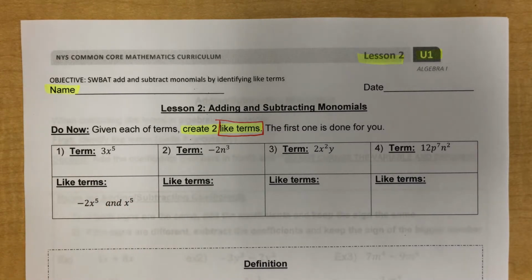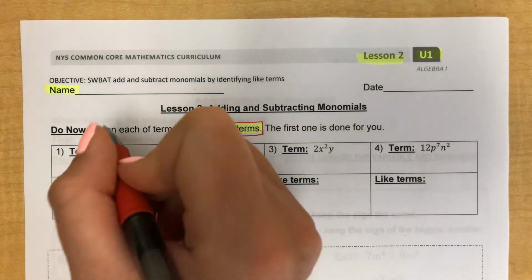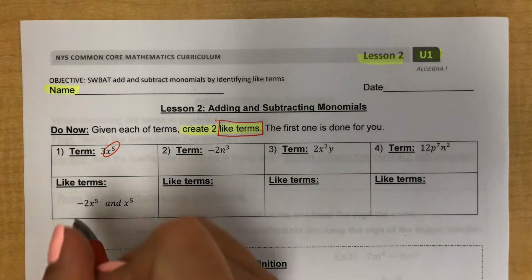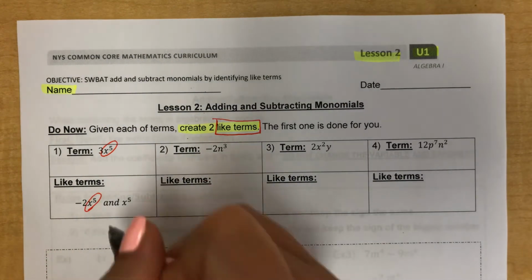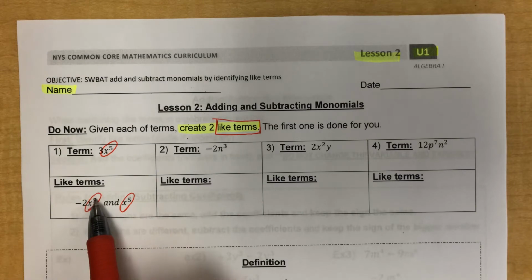Well, I know that that's true because if you remember from yesterday, like terms have the same variable and the same exponent. So I'm really just looking for an x to the fifth power. I see x to the fifth power. I see x to the fifth power. I know those are like terms. All right, the coefficient, that number in front, it doesn't matter when it comes to like terms. I'm just looking at the variable and the exponent.